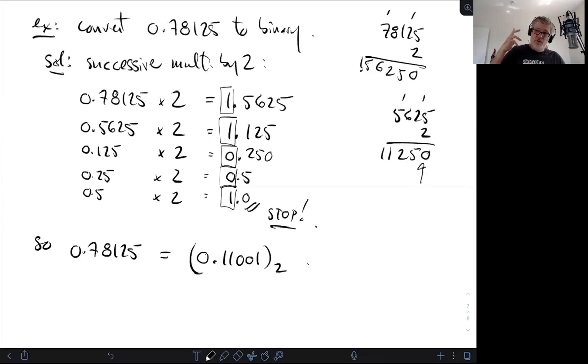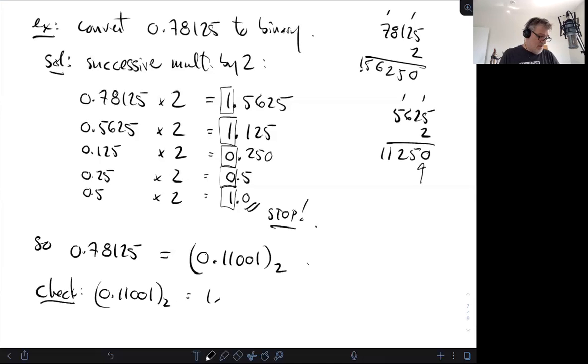But if you remember this trick of doing it in decimal, you can just reconstruct the whole algorithm. Rather than do it in base 10, which shifts the point, I just do it in base 2, and it'll work out. Of course we can check. 0.11001 in binary, what is that?